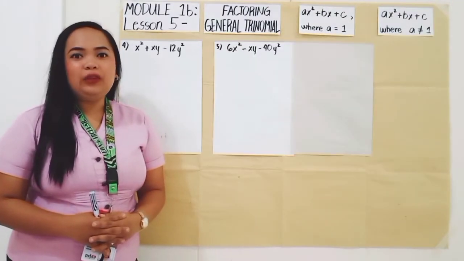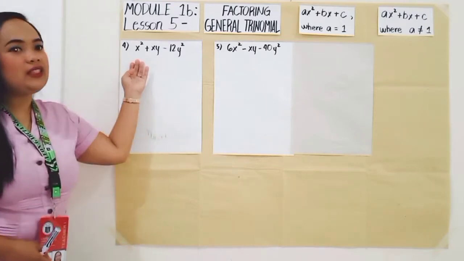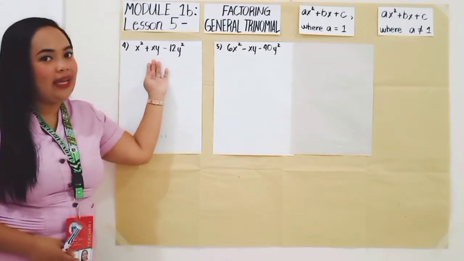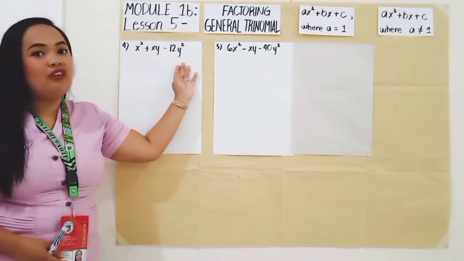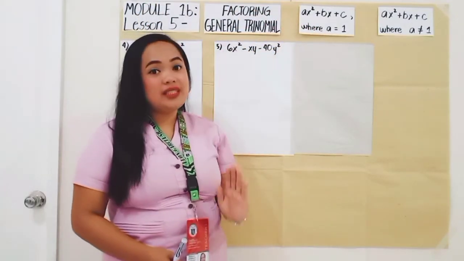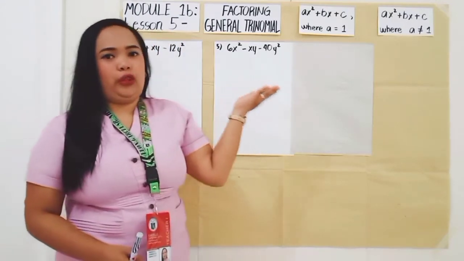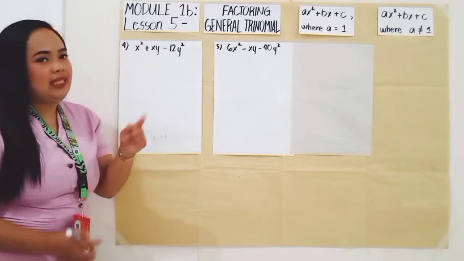Now, let's proceed with example number 4. Example number 4, x squared plus xy minus 12y squared. So we'll use our procedure in the examples 1, 2, and 3. So let's proceed.